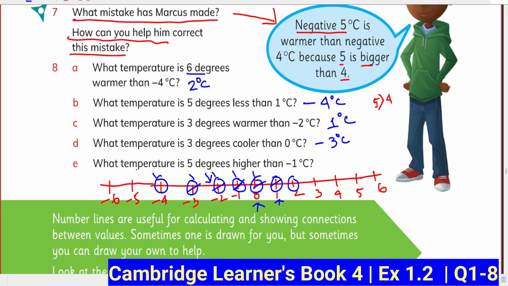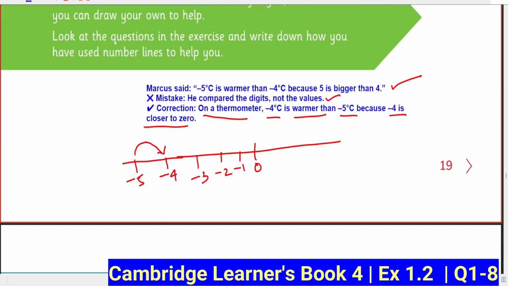And finally, what temperature is 5 degrees higher than minus 1? Higher means we will add, it's the right side, so minus 1, we will add 5. 1, 2, 3, 4, 5, so here is 4 degrees Celsius. So number 8 done. Very simple thing.